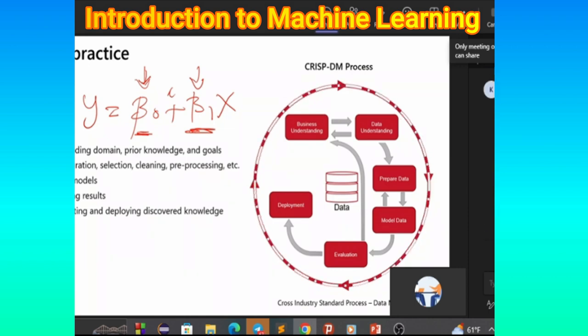The other question is, as you mentioned at the very beginning of the discussion about the impact of machine learning, what are the positive and negative impacts of machine learning? Second, both data mining and machine learning use the same models. What is the difference between data mining and machine learning? Machine learning is the superset. Machine learning is not only data mining.